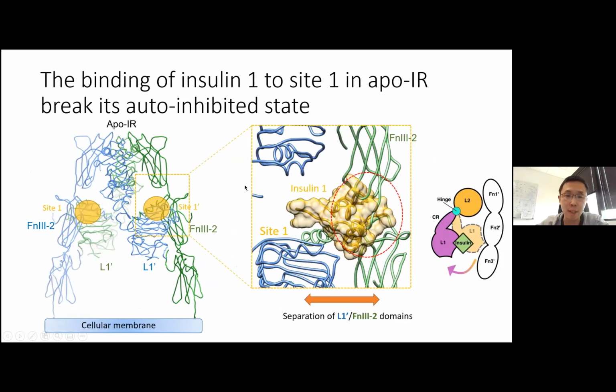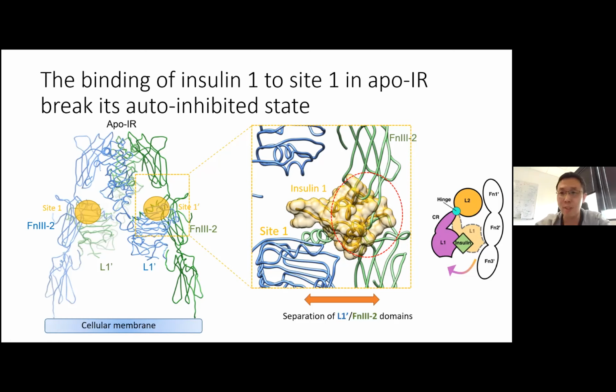The binding of insulin to the L1 domain in the apo state will clash with the fibronectin 2 domain of the adjacent protomer. That suggests once insulin binds to the apo state, it will disrupt the apo conformation, and this becomes a very important driving force for the conformational change from the apo state to the active state.